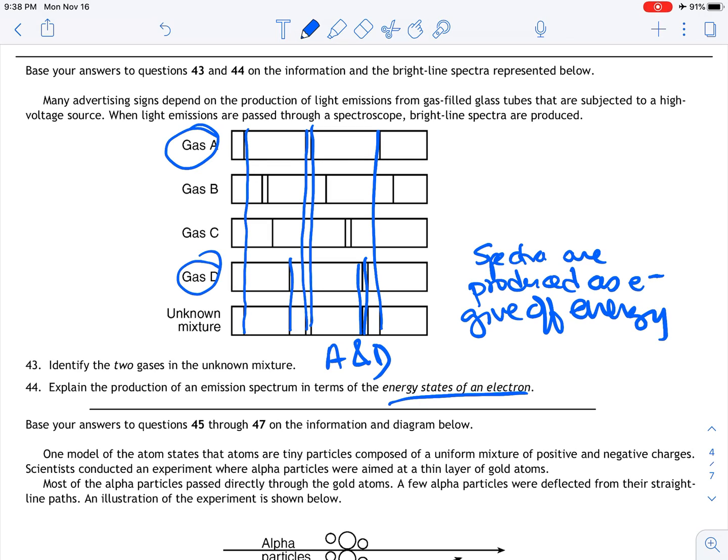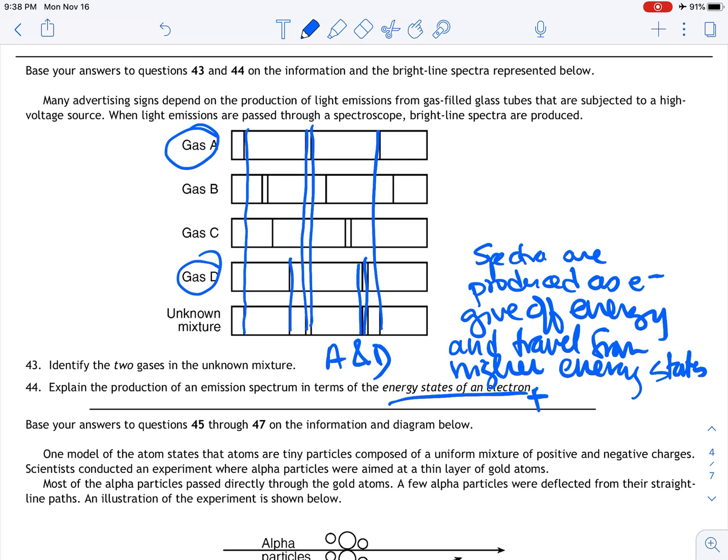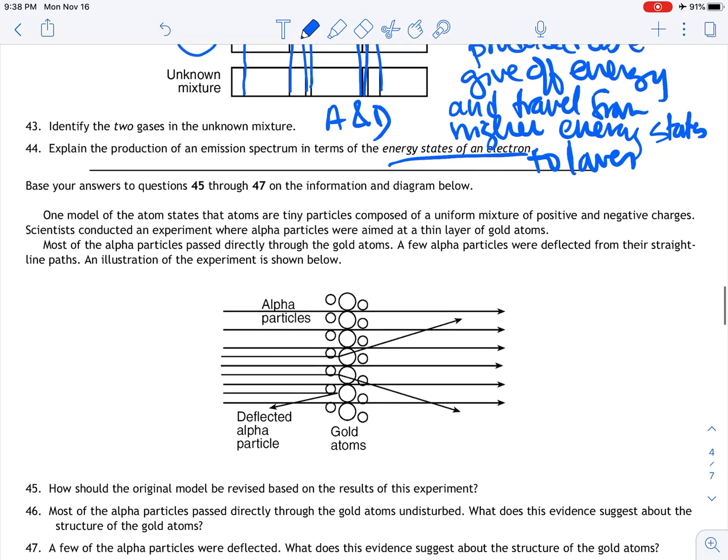If you were to stop there, it's wrong because we didn't talk about the states. So I must continue and travel from higher energy states to lower. Now I'm correct because I talked about the energy states.